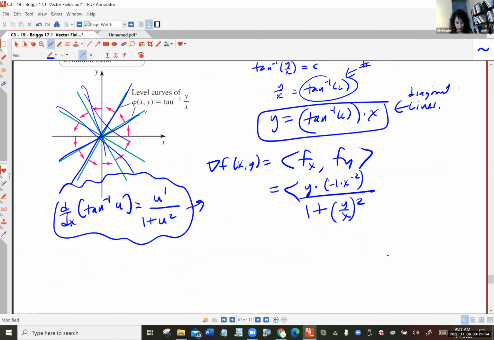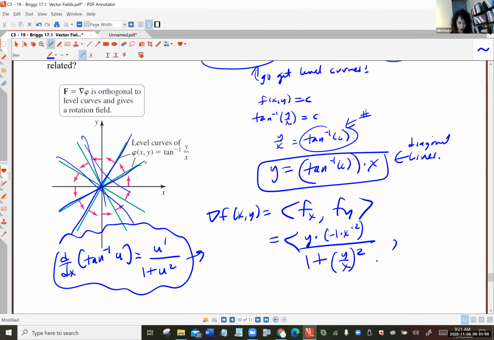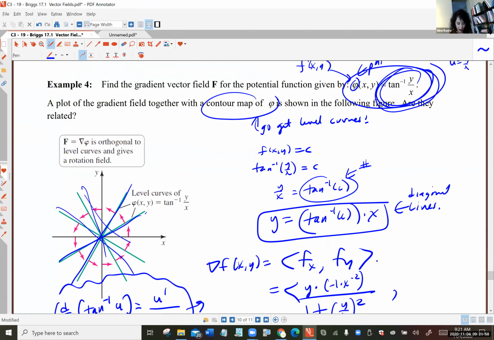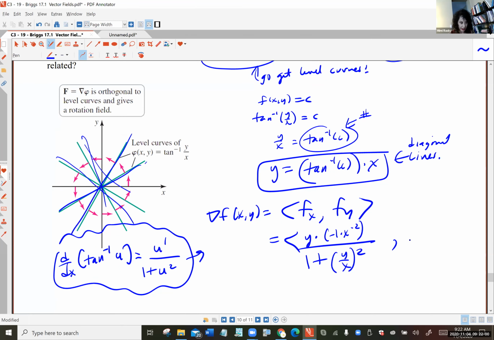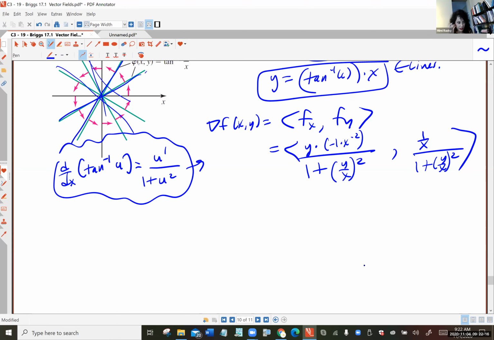Okay, we'll clean that up in a minute. And then if you get the partial with respect to y, that's going to be, excuse me, 1 over x. I think it's just going to be 1 over x with respect to y, and then 1 plus y over x squared. So there's your gradient, but let's clean it up because that looks pretty disgusting.